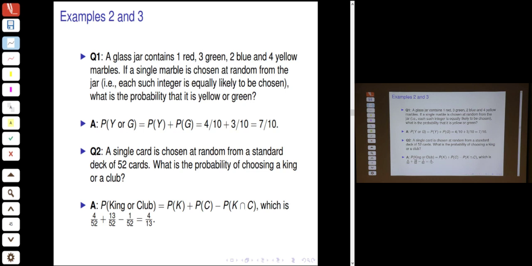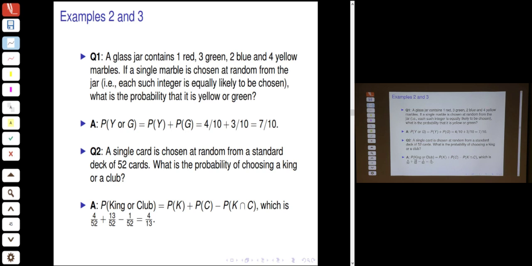Either you draw a king or you draw a club. This time the two events have an intersection: there's a card, the king of clubs. So the probability of king or club is the probability of king plus the probability of club, minus the probability of the intersection.